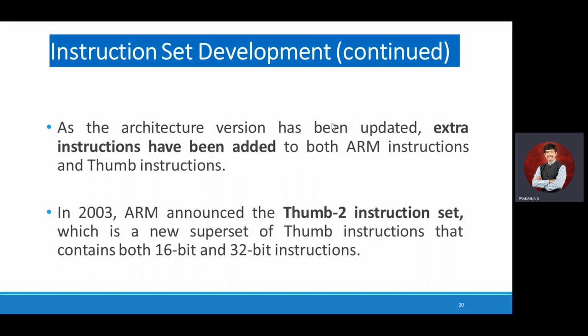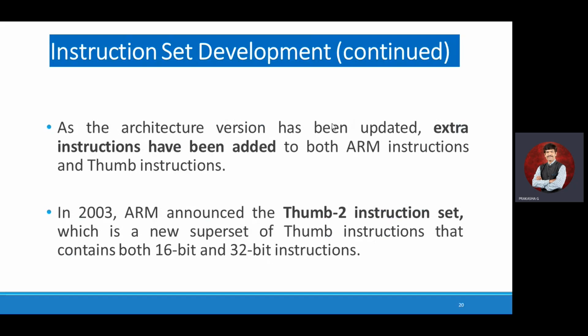In 2003, ARM announced Thumb2. Till now, we were having only thumb instruction, where ARM instruction is 32-bit and thumb instruction is only 16-bit. But in 2003, they introduced the Thumb2 instruction, which is a new superset of thumb instruction that contains both 16-bit and 32-bit.